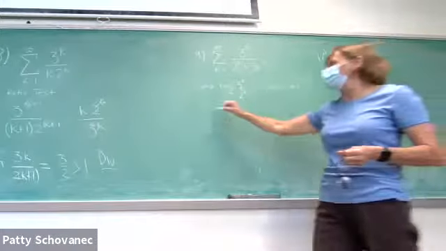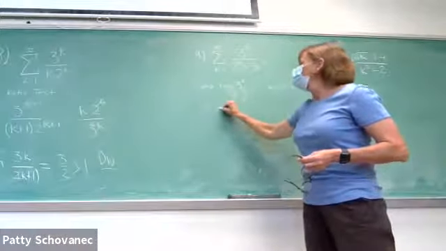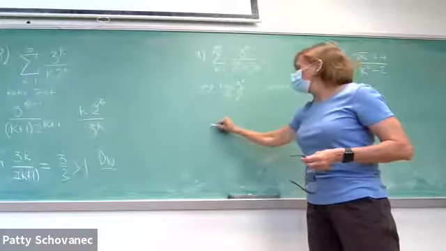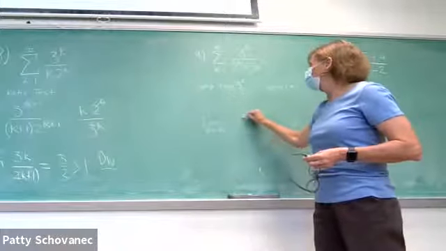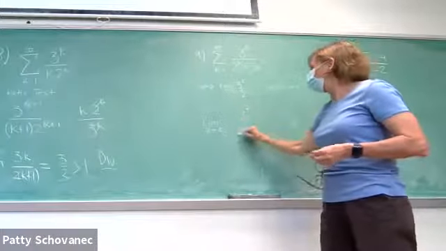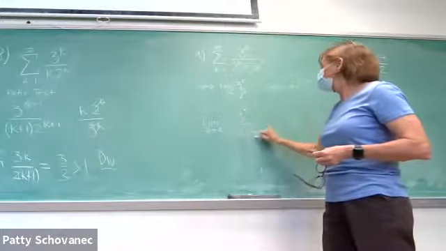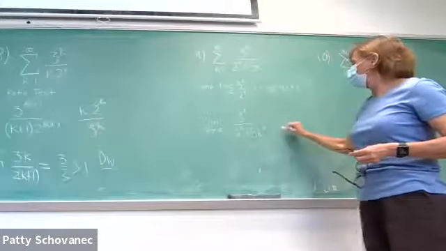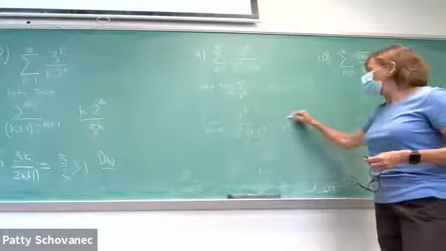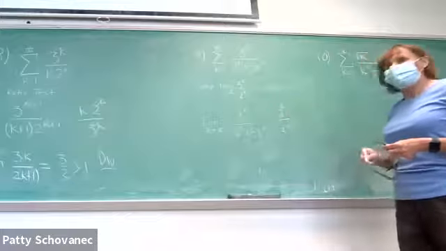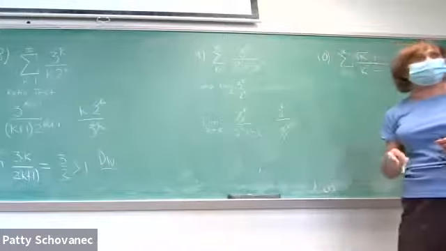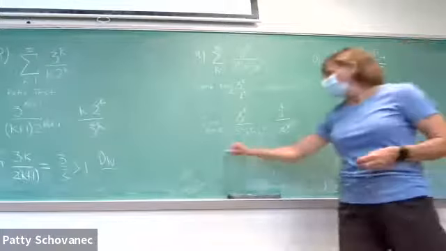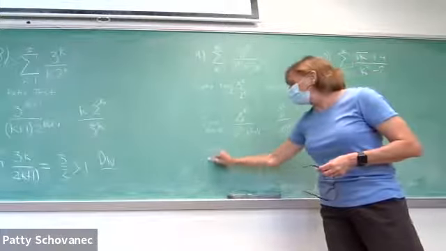I'll use a limit comparison test by taking the limit of my series over that series. So that I can cancel there, and that's about all I can cancel. Again, I can't cancel through addition, but then I can take the limit with what's left.